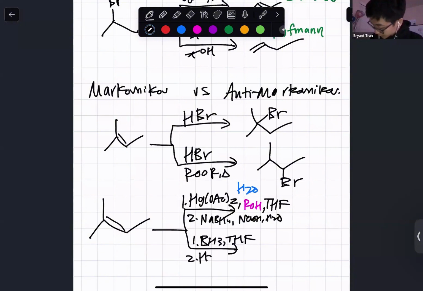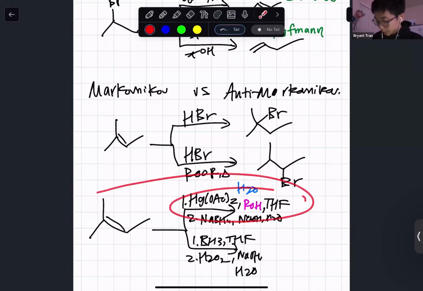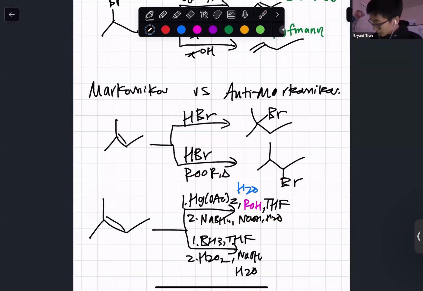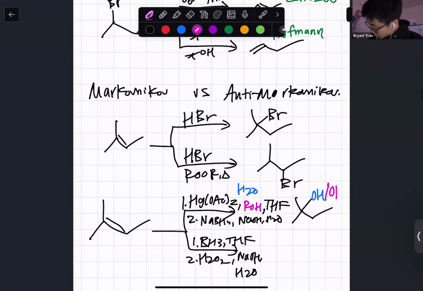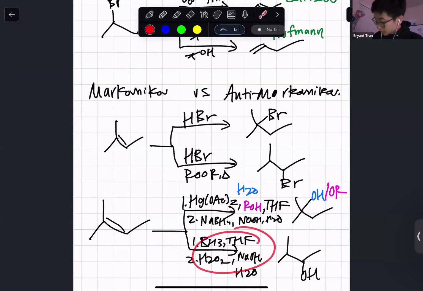Second step, H2O2, NaOH, water. The first one is oxymercuration demercuration, where you're going to add either OH if you use water or OR if you use alcohol on the Markovnikov position. But if you use hydroboration oxidation, you're going to add alcohol to the less substituted carbon, the anti-Markovnikov position.